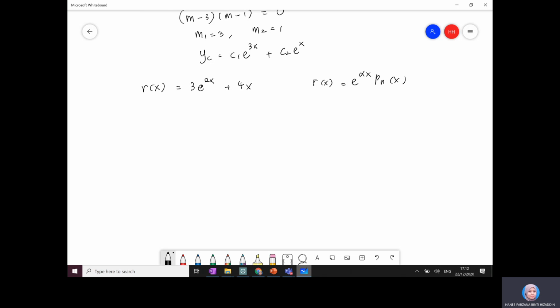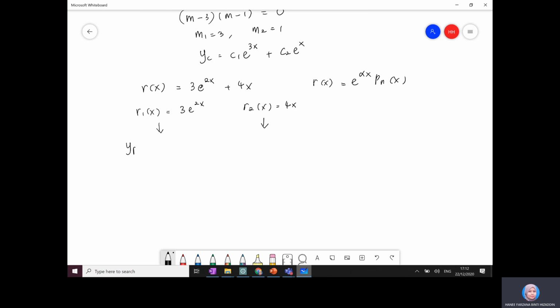Since in this case it's a combination of an exponential and a polynomial of degree 1 by addition, you can divide these into two parts. So you can have R1(x) is 3e to the 2x and R2(x) is 4x. So you can propose one particular function for each of these R.